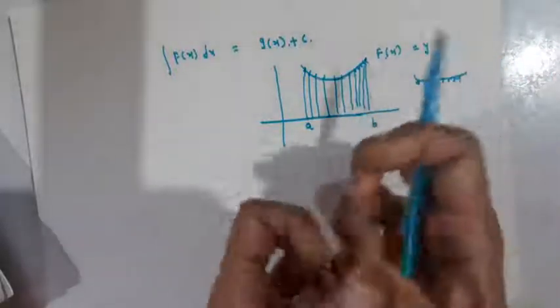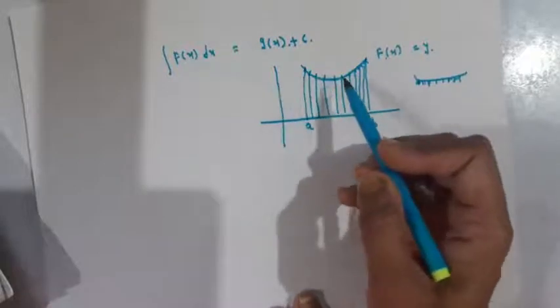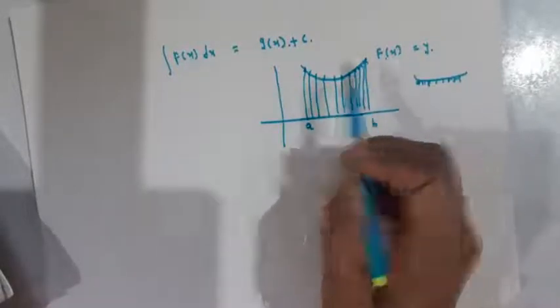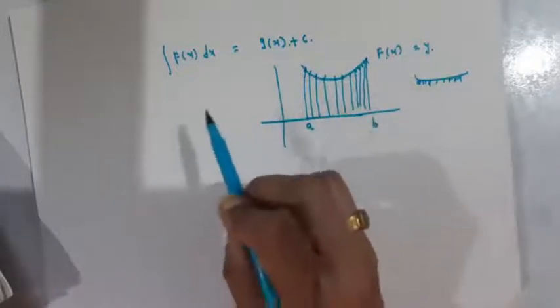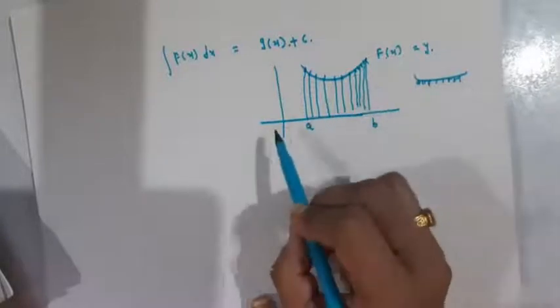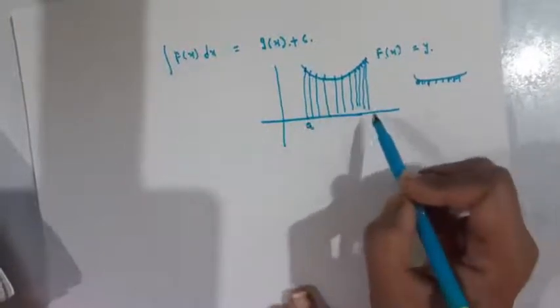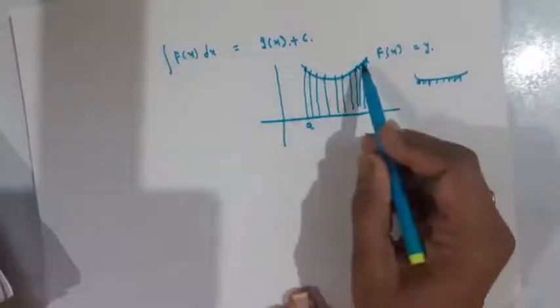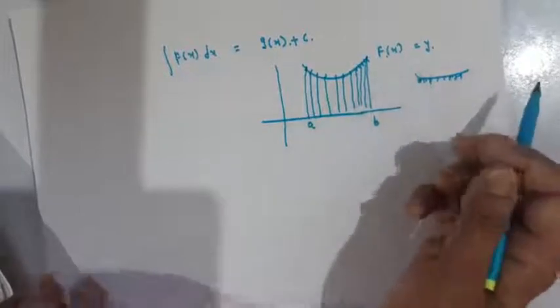But in integration we collect all the points, we add all the points, and that is integration. In indefinite integration we don't know from where to where we have to add, but in definite integration we know from which point to which point we have to sum on the curve, and that's why it is definite integration.